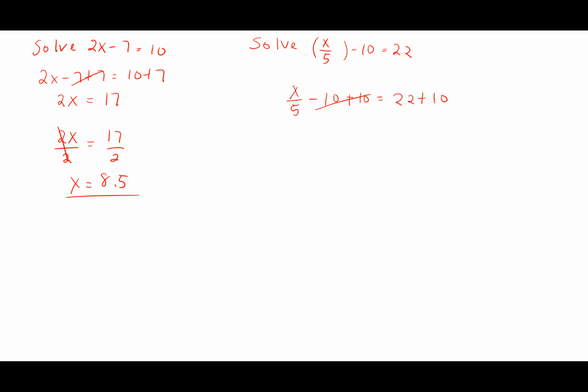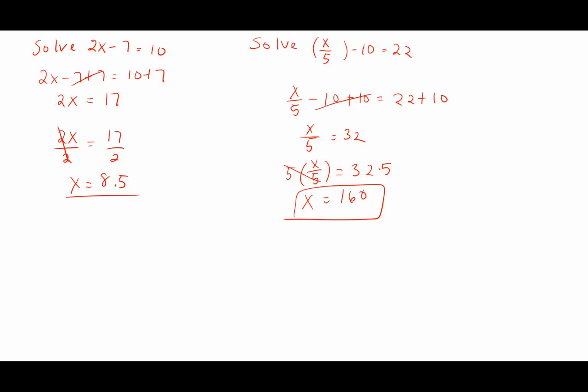So that goes away. So we have x divided by 5 equals 32. Now we want to get rid of this 5, so we're going to multiply both sides. So that's going to be 5 times x divided by 5 equals 32 times 5. That goes away, and x equals 160. Okay? So that's what we do.